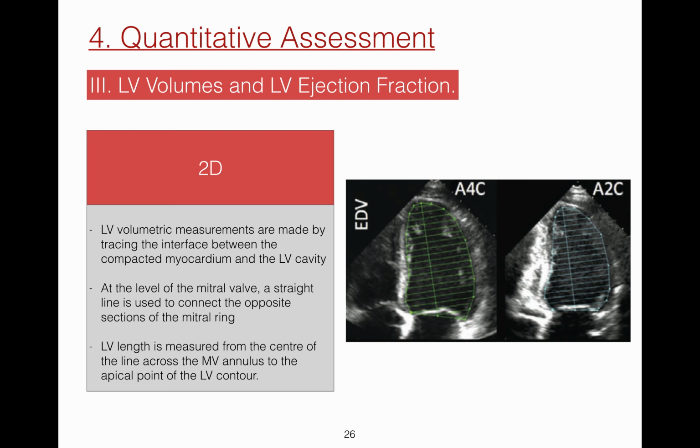At the level of the mitral valve, a straight line is used to connect the opposite sections of the mitral ring, and the LV length is measured from the center of the line across the mitral annulus to the point of the LV apical contour.